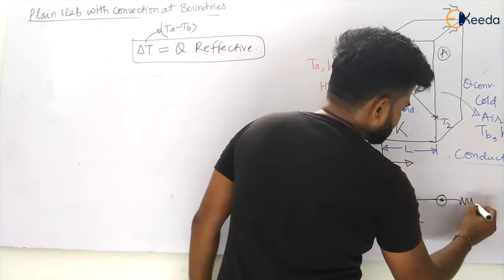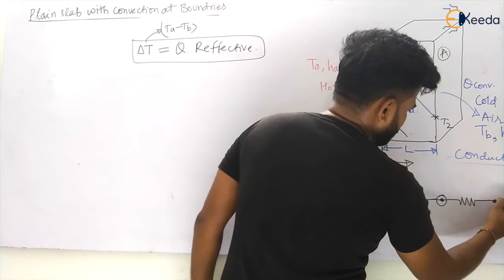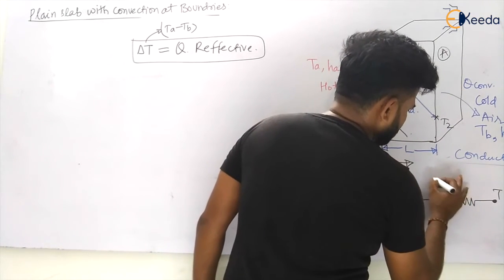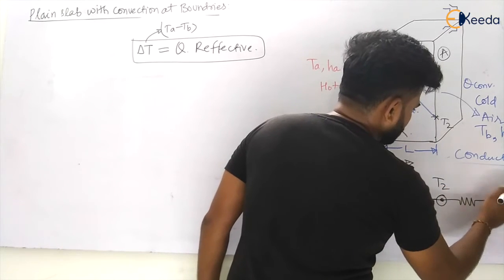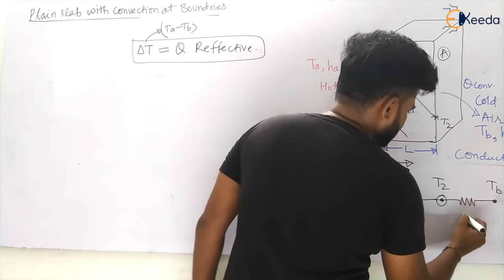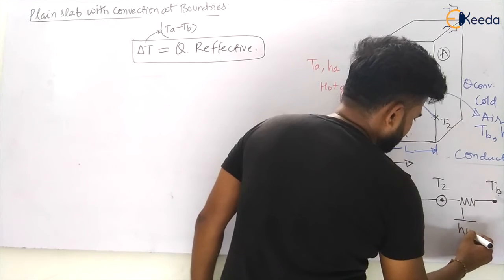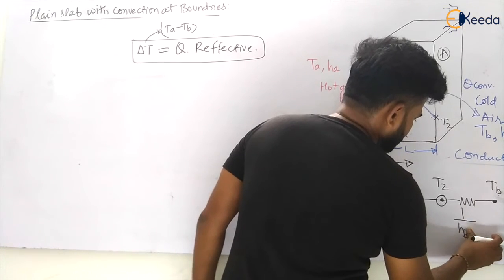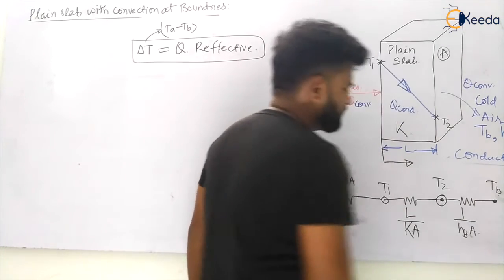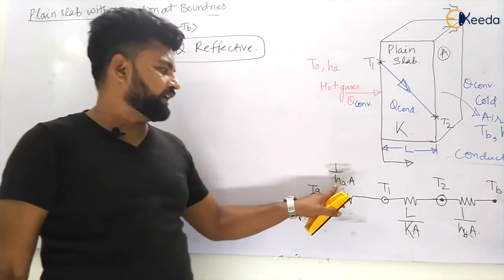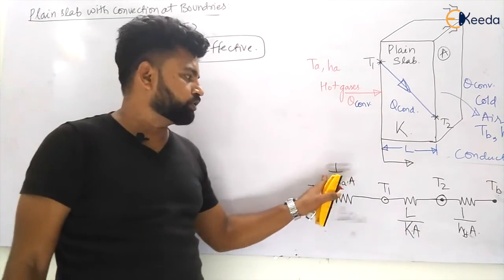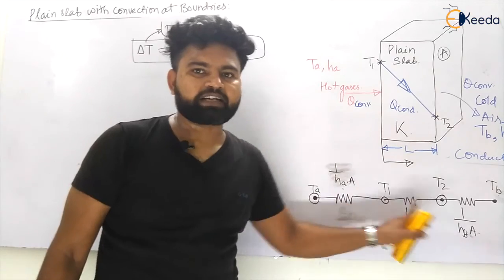And again there will be some convective resistance from T2 to Tb, and this will be given by 1 by Hb into A. So this will be your conductive resistance, and these both will be your convective resistances.